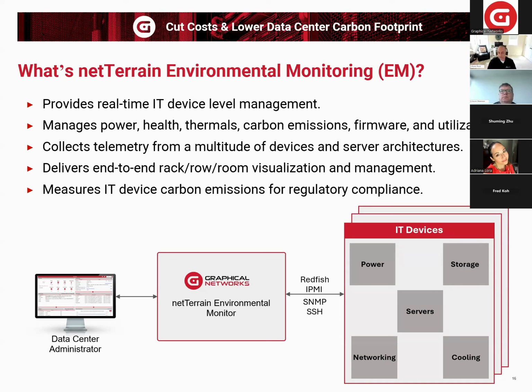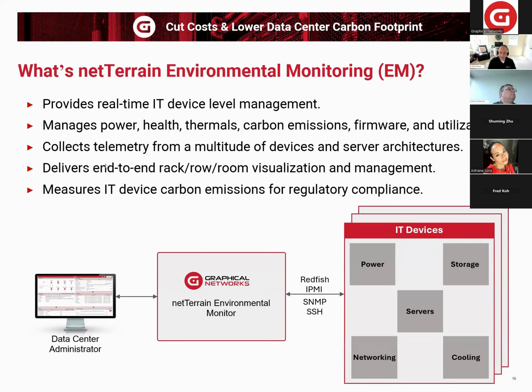Historically there's been a lot of focus on the server side of things, because that's the main commodity in the data center. But we've also supported over the years a bunch of different types of devices, including power, storage, networking, and cooling, as you see here in the diagram.